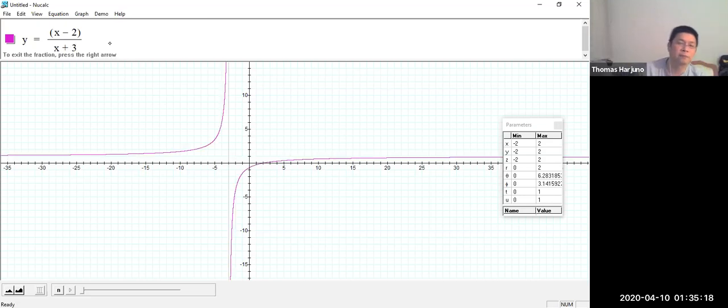That's the same graph. But you see, you don't have any hole right now at x equals -2. That's why the way we graph our rational function, we will graph the simplified version first, and then we insert the hole later on.